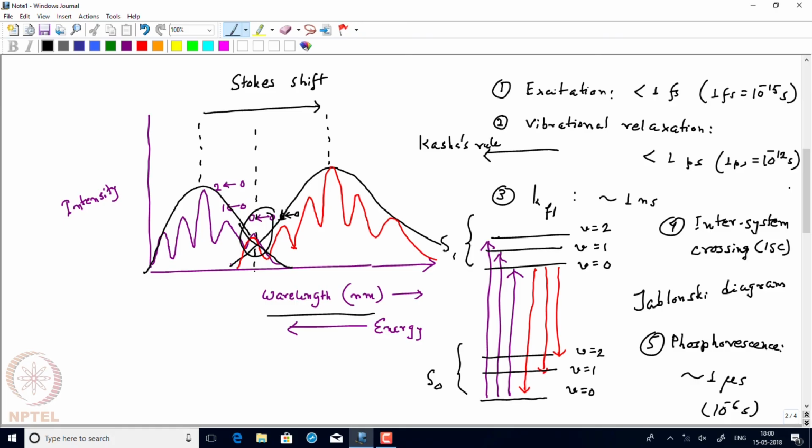And you can actually make those structures go far apart, because if you apply electric field or magnetic field, depending on the nature of those states, you can shift the energy levels by Stark effect or Zeeman effect, and thereby get a high resolution spectrum where the lines are well separated.